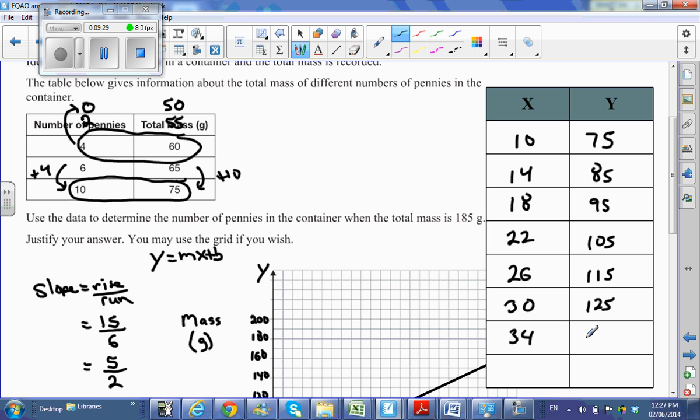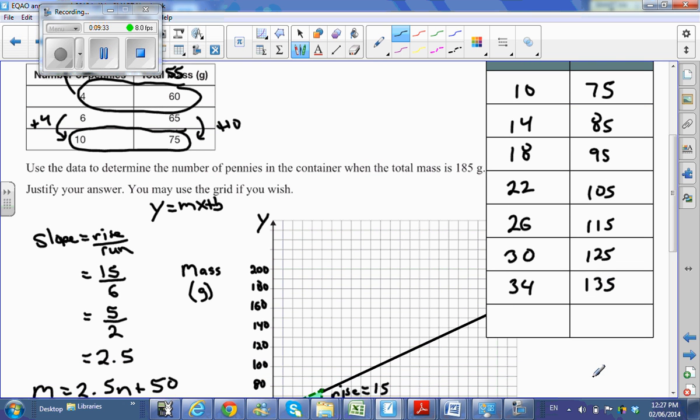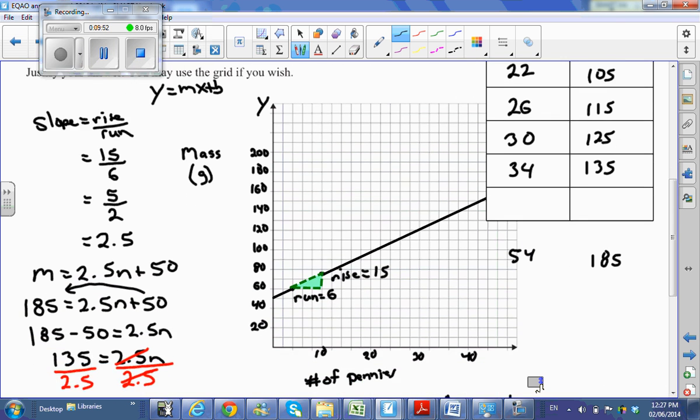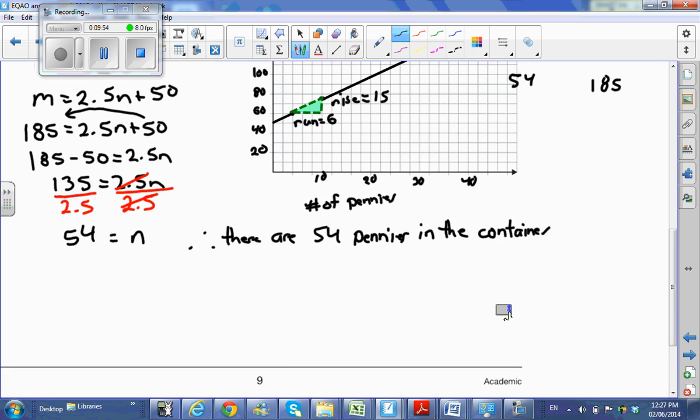So we can continue that same trend until we find out what it is with 185. Okay, so we would need 45, 55, 65, 75, 85. So it looks like another 5 of these along here. So another 5 4s would be 20. So it should be 54. And I think that was our answer that we came up with before as well. Yes, it was 54. Okay.